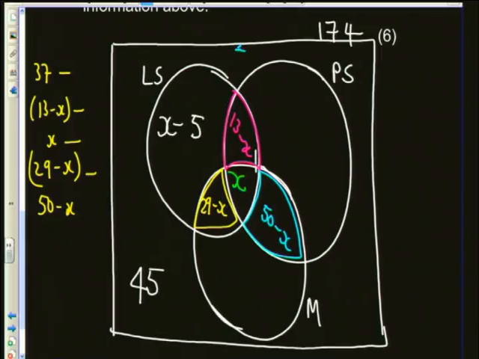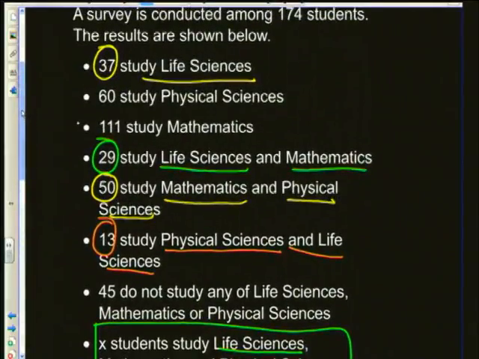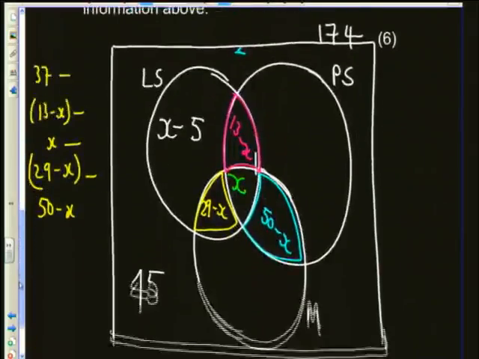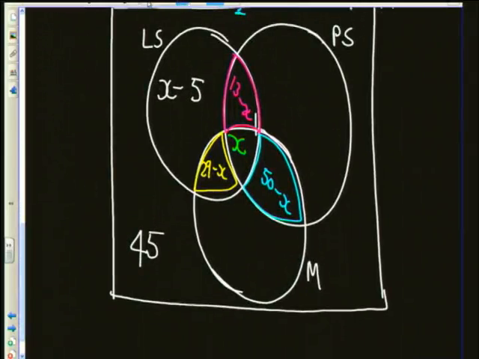Then inside here, physical science, what are they telling me? They're saying that 60 study physical science. So if we go down here, in total, I've got 60. Now I've got to take away these that are studying 3 and 2s.